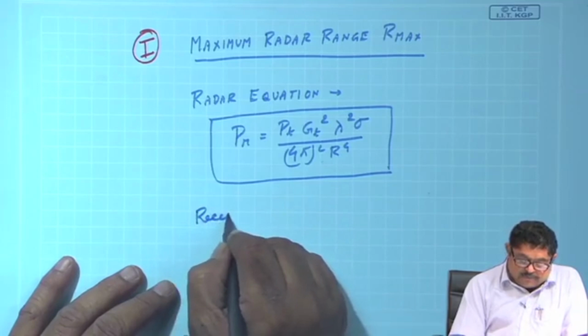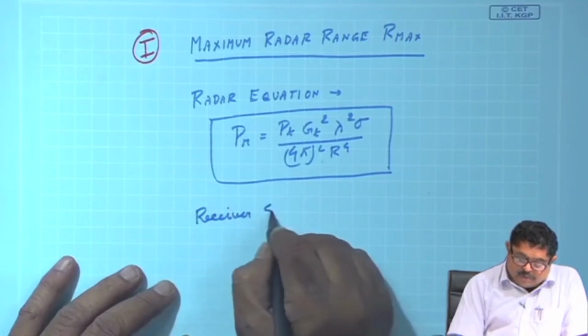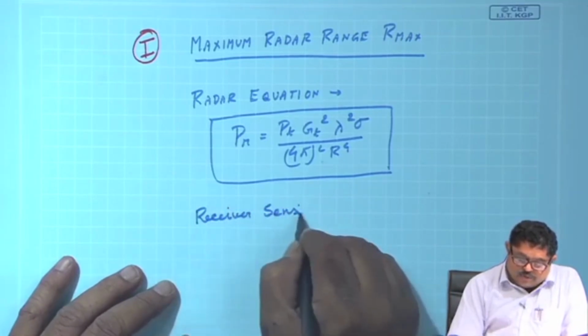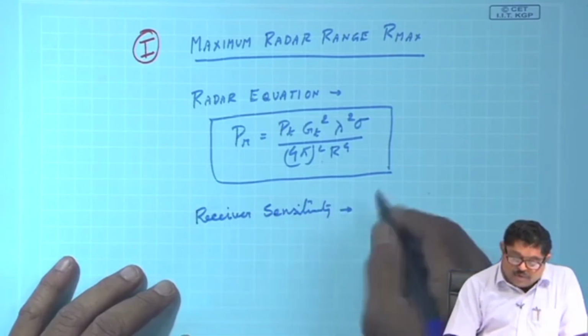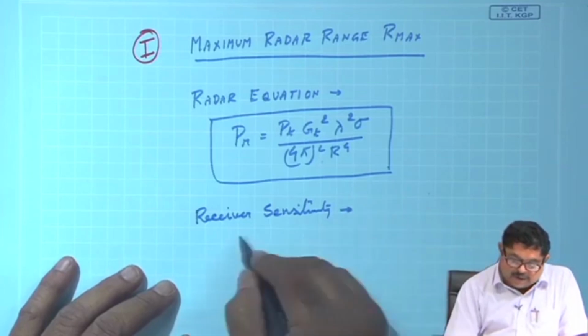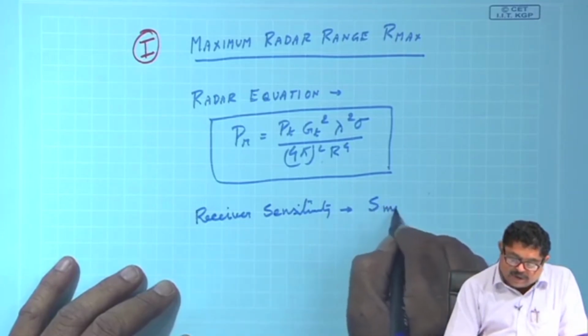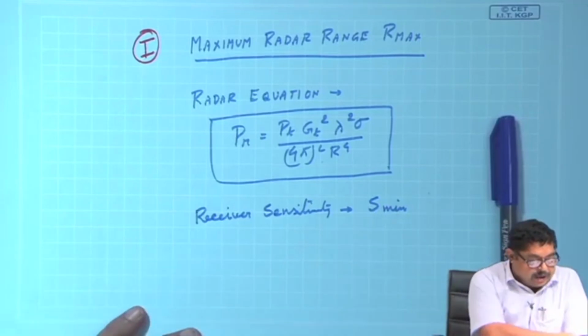So every receiver has a specification that is called the receiver sensitivity. Any electronics student knows this, that a receiver is a sensitive thing. Let us call that parameter receiver sensitivity, which we generally call S min.